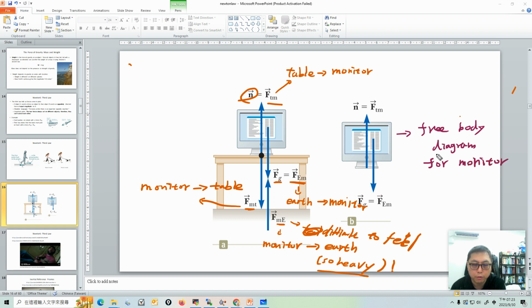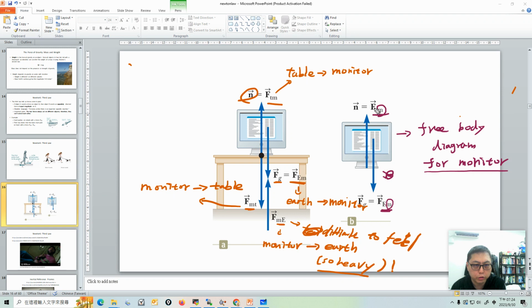When you draw it, we just show FTM and FEM, because these two forces act on the monitor. So that's why we just draw these two forces.